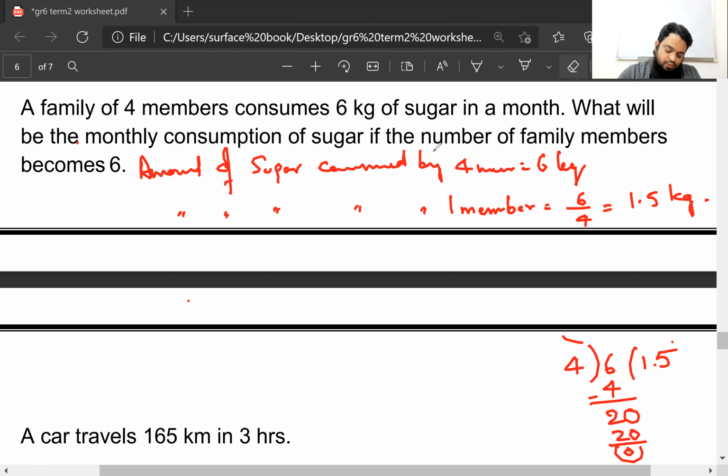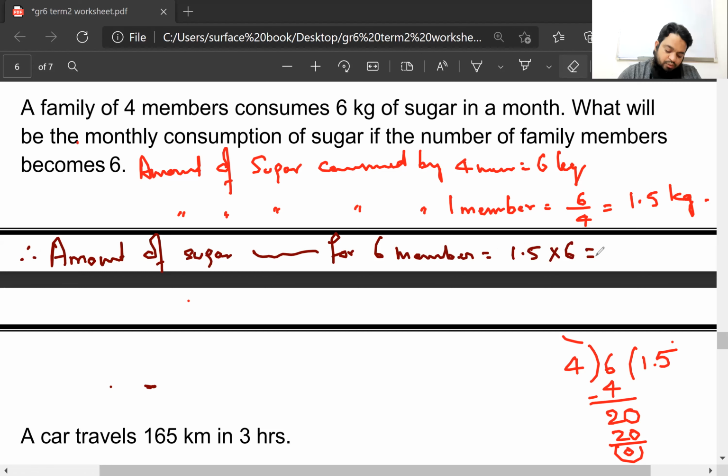Okay, so after getting this, now can you find out the amount of sugar needed for 6 members? Because members are increasing, what are you supposed to do? We have to multiply. Amount of sugar consumed for 6 members is equal to 1.5 multiplied by 6.